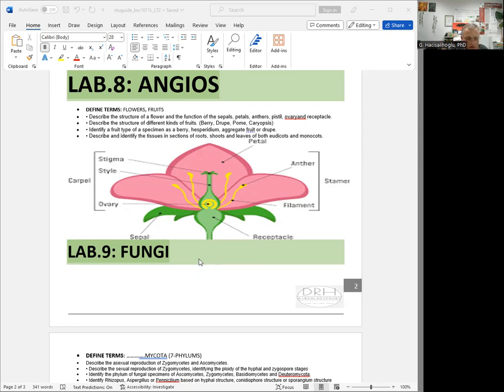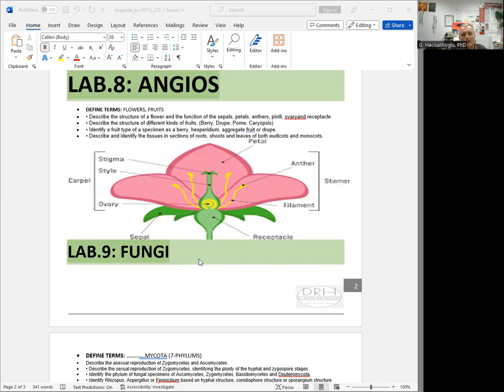So you need to know fruit type. If you see a picture of a fruit, what's the type of fruit? Microgametophyte means male, like the pollen grain here. Megagametophyte is female, which is the embryo sac. What else here? Flower and fruit, and some specifics.